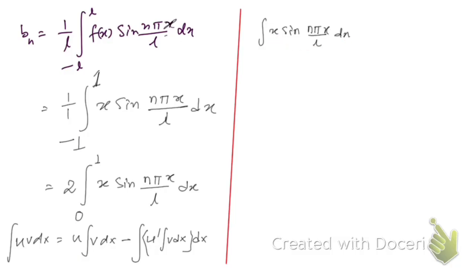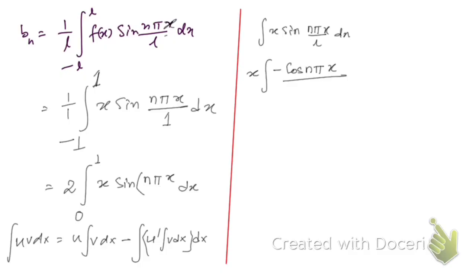So first we write x times the integration of sine n pi x by l. Here I have to put 1 instead of l, so we can simply write sine n pi x.